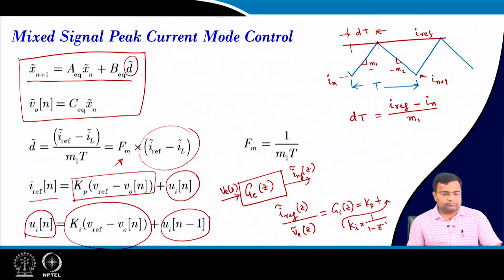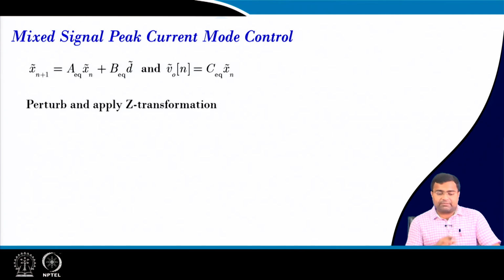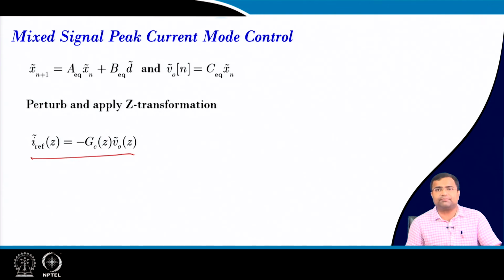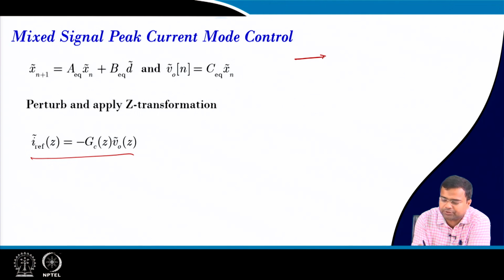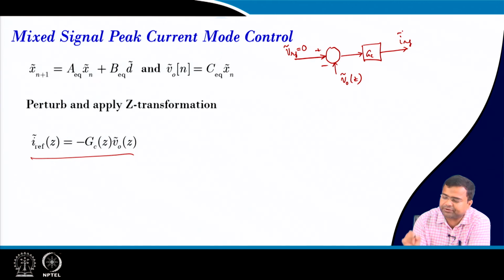Okay. Next, if we apply Z transform, I ref can be written in terms of the controller, because if you take the loop transfer function in current mode control, you have a reference voltage perturbation, which is simply 0 for regulator purpose. Then we have this V0(Z) perturbation, then we have this controller, and this controller generates our reference current.